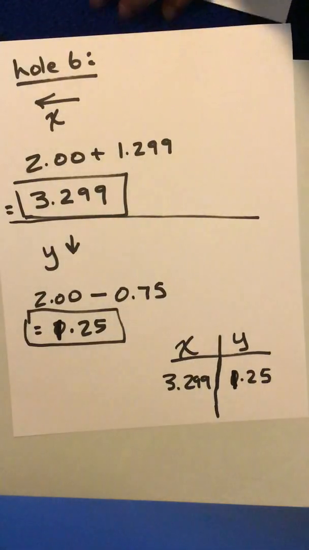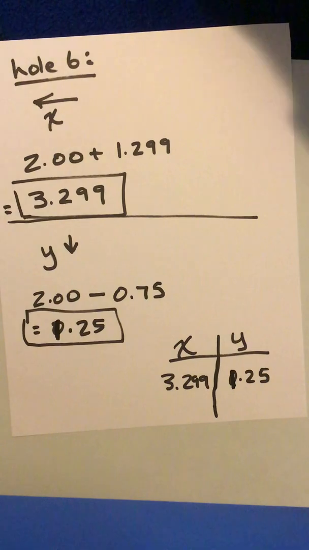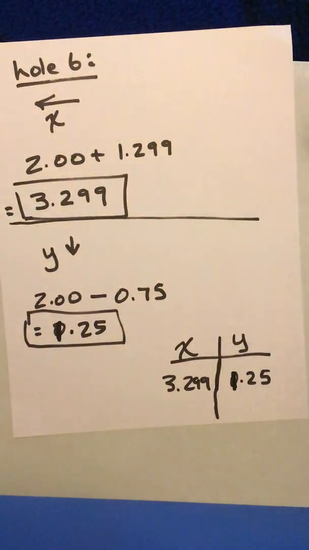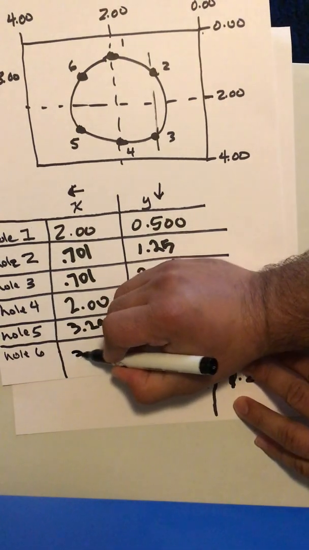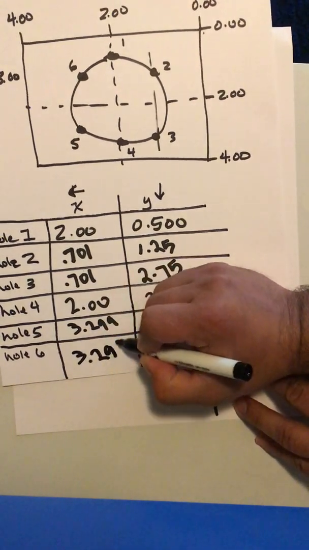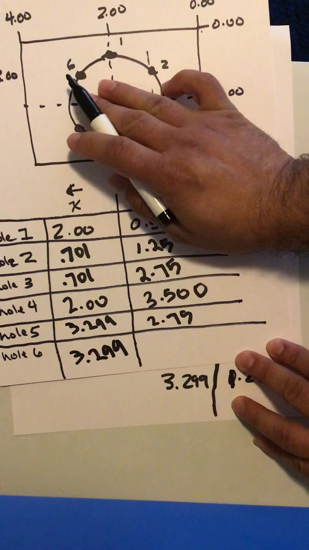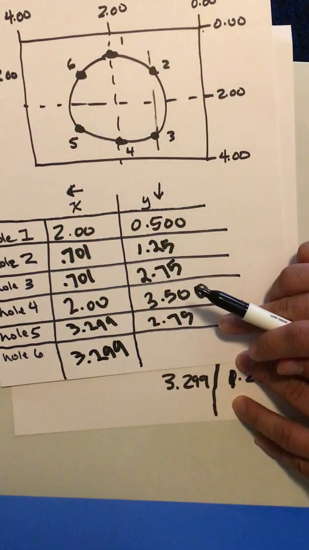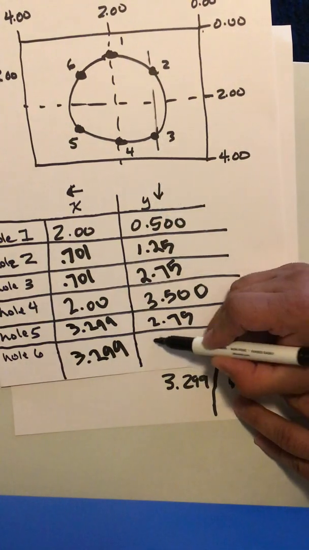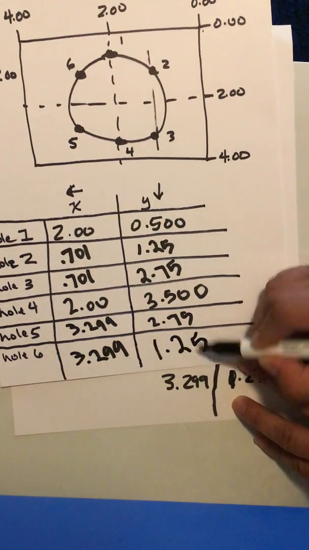So, in conclusion, we found the next part for hole 6. Going down will be the same as this, 1.25.